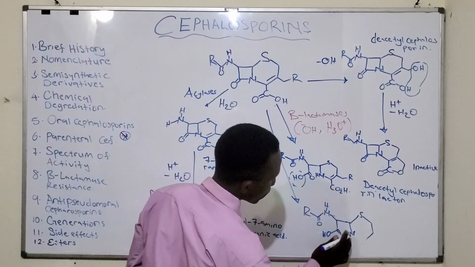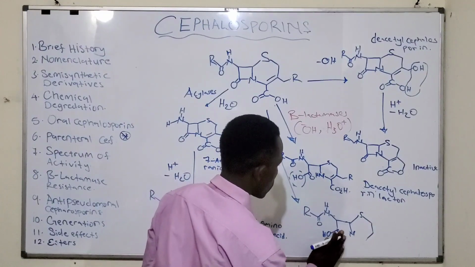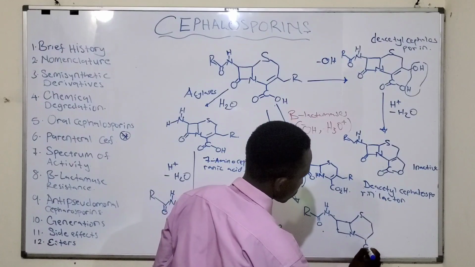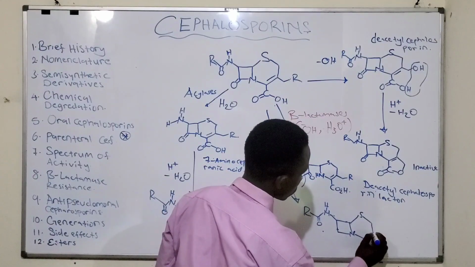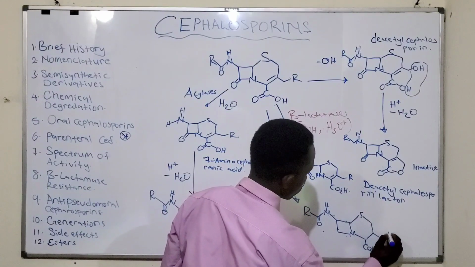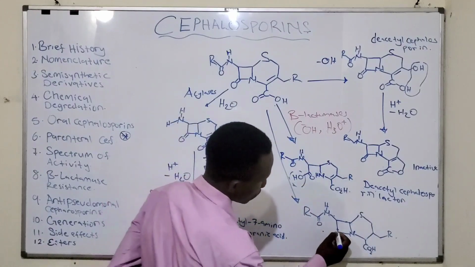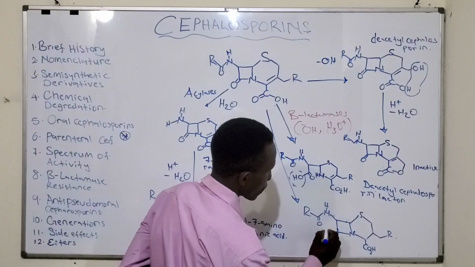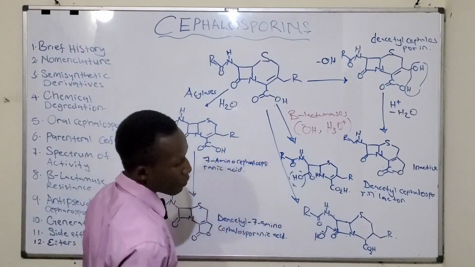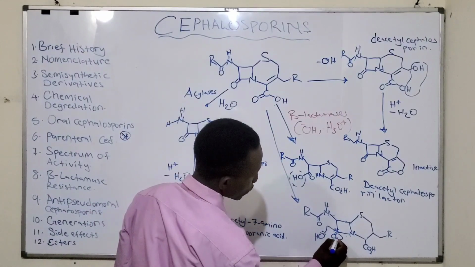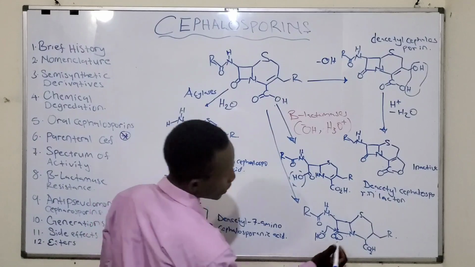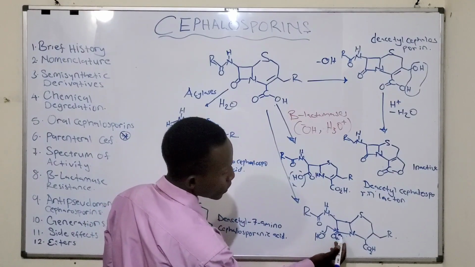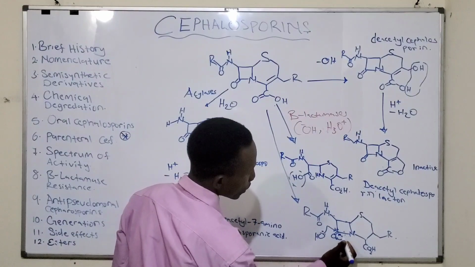Remember, as the ring breaks, at first the ring was like this. When this enzyme attacks this carbon, electrons will come to oxygen, but again they will come back. When they come back, this one will have excess bonds, so this ring will break.